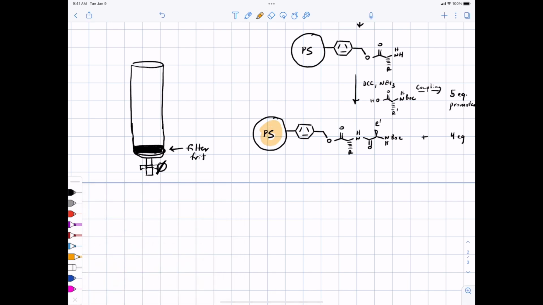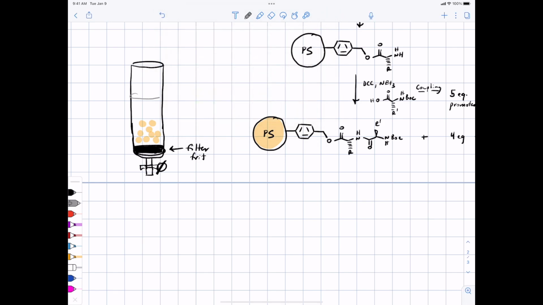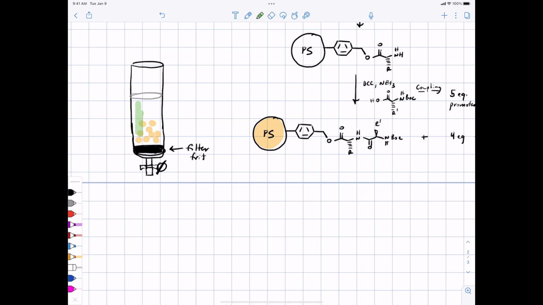So those are the polystyrene beads, and then you have your reaction mixture, the solution, your reagents. I don't know why we're coloring it green, because it's not really green, but anyway, you got these resin beads.